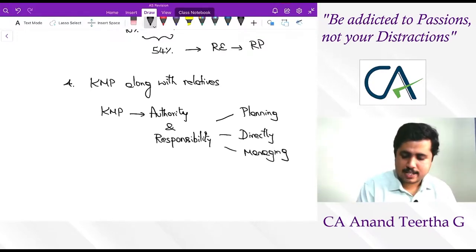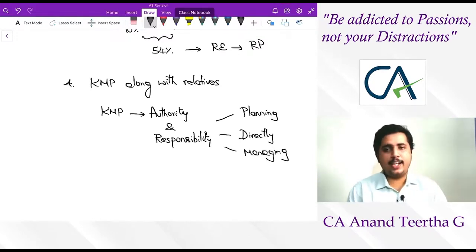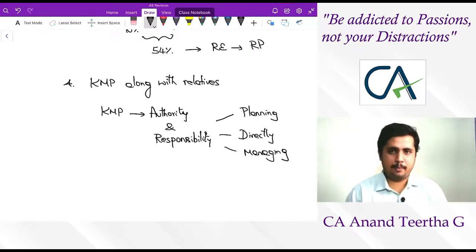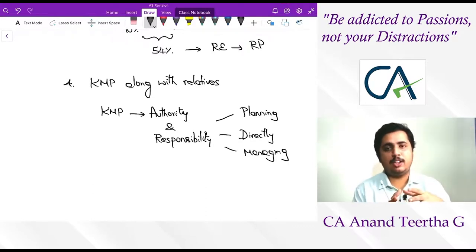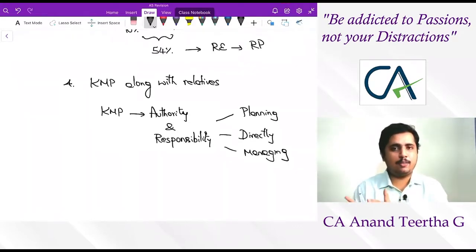So whoever has the authority for planning, directing, managing the business of the enterprise, those people are called key managerial personnel for the purpose of AS 18. Again, understand this, the people who have got the authority to plan, direct, manage, etc. are considered key managerial personnel.